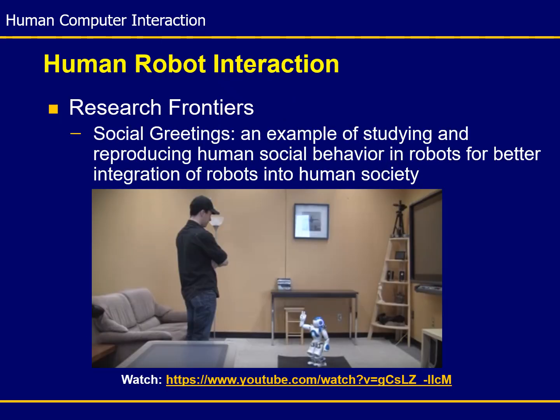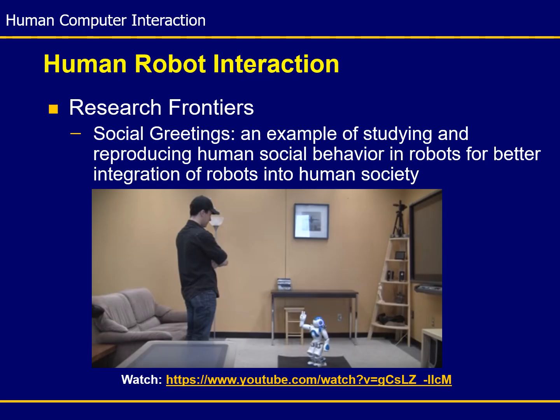This is another study along the same lines. In this research that I have linked you the video for, the researcher's goal was to study human behavior when people are meeting together, to teach a robot how to approach a group of humans standing or sitting together, so that the robot could mingle in a socially acceptable way with humans.